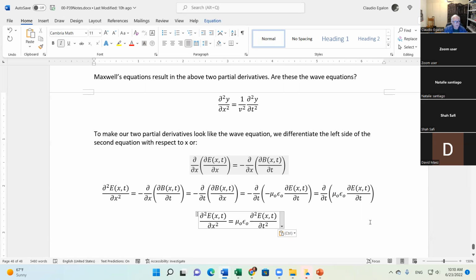Here you go. And now the question is whether those two parameters have units of inverse velocity squared. Yes, it does have units of velocity squared. And if you calculate this, you're going to get the following. At that time, Maxwell knew the values of epsilon naught and mu naught.